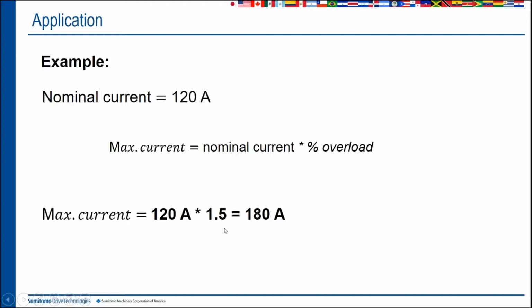So this will be very important when you select the drive, and you will need to know the overload percentage for your specific application. So the current, as you can see, is very important.